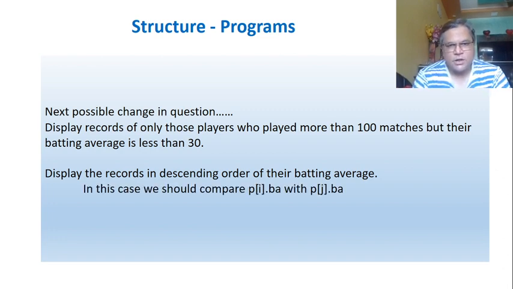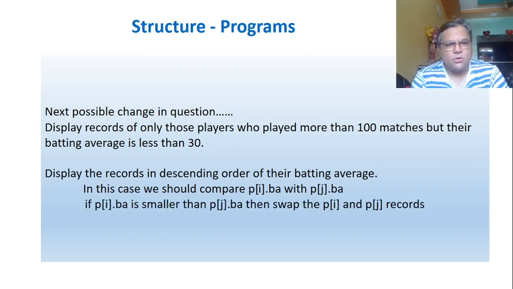We need to compare batting average of ith player, that is pi.ba, with batting average of jth player, that is pj.ba. This can be simply performed by using an if statement, and we will write the condition like this. If pi.ba is smaller than pj.ba, then we will swap the records of ith player and jth player, that is pi and pj.